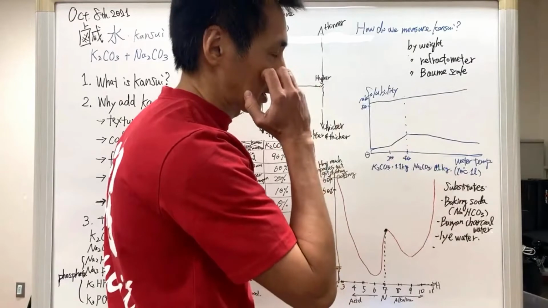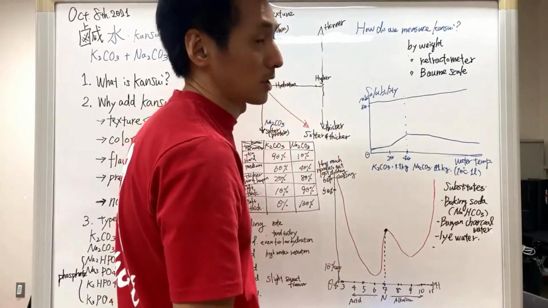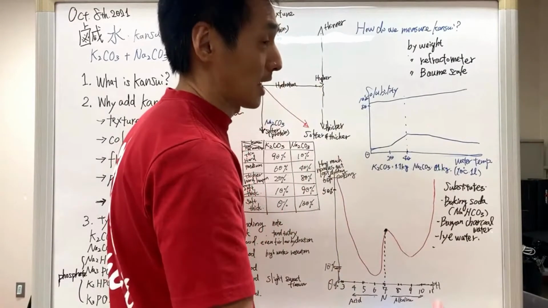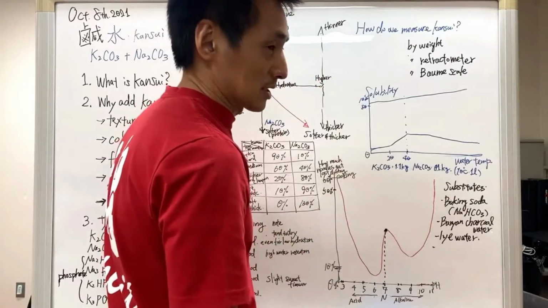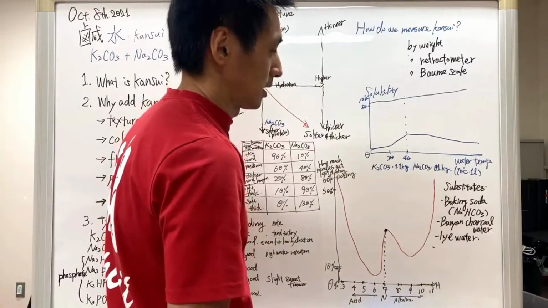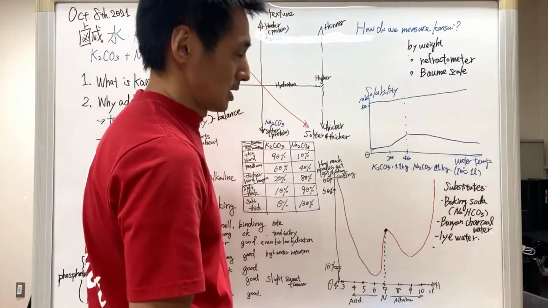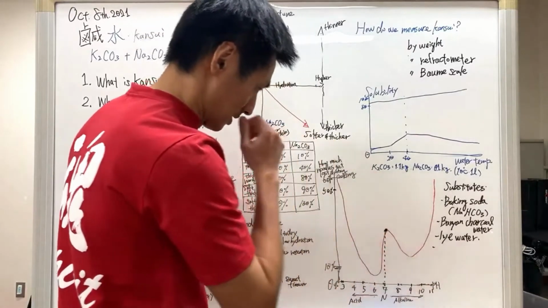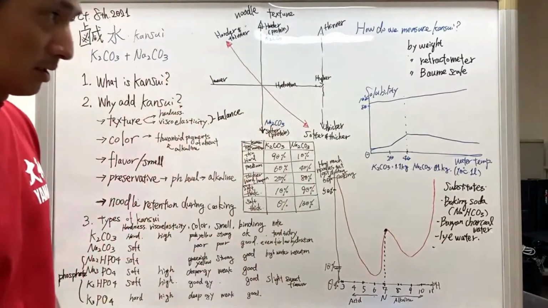They soak it in water overnight, and then they use that ash water to make noodles. So there are some substitutes that you may want to use.